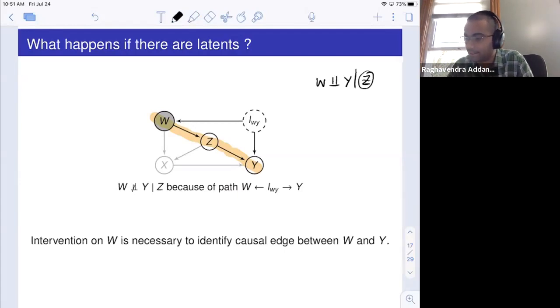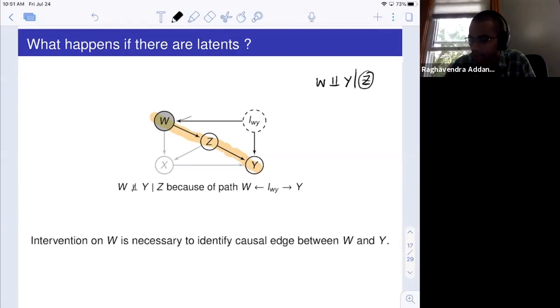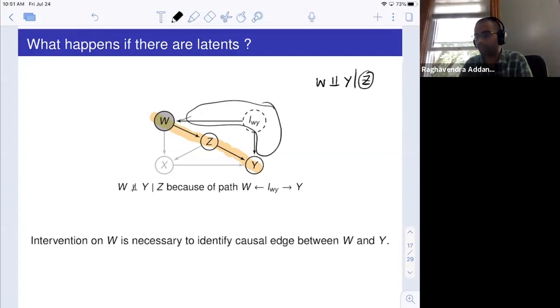In all our tests here, conditioning on Z, this path is blocked. So ideally we would expect this test to be independent, but there could be another latent path which will always result in W being dependent on Y. This path is never blocked because you cannot block a latent path by conditioning. You cannot condition on latents.